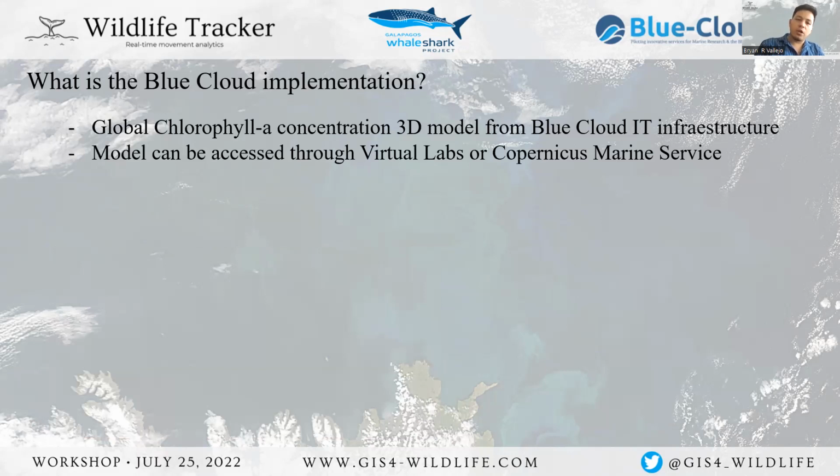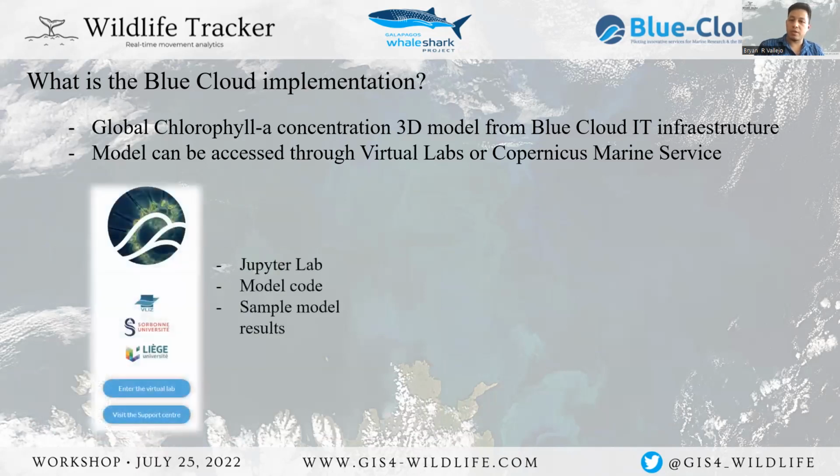And the second thing I have to talk about is the Blue Cloud implementation. The Blue Cloud is an IT infrastructure that serves different services. One of them is to provide a global chlorophyll-a concentration 3D model that can be accessed through different services, for example, the virtual labs. They provide a Jupyter lab with a good computational power where you can test the model, you have the code of the model, and you can access some samples and test it to see how they actually work.